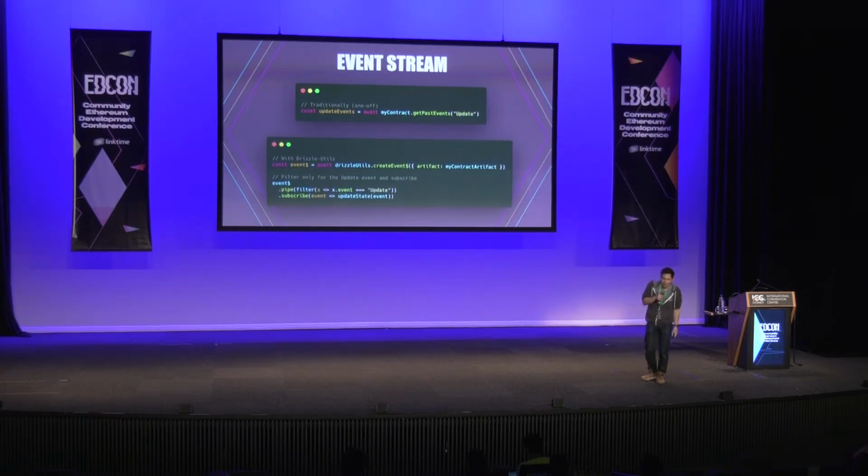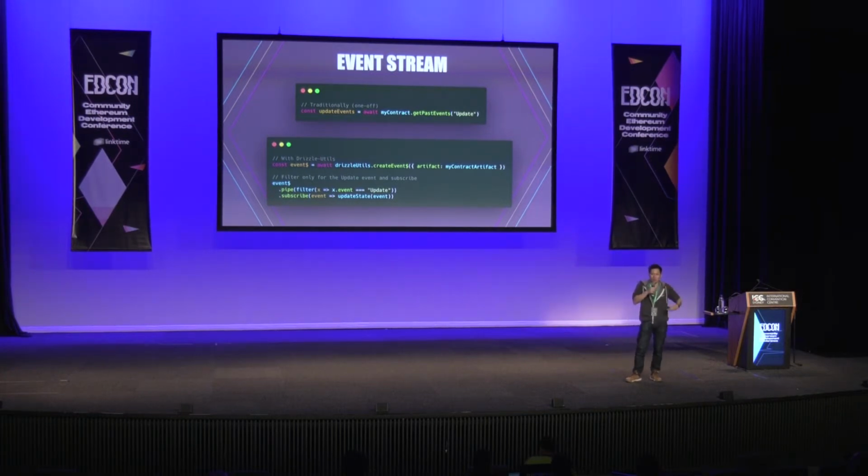Similarly, for event stream, like I said before, this is how you do it in the current Web3.js method. But with Drizzle utils, you call Drizzle utils.create event stream, pass in your Truffle contract artifact. We might support other things later on, and then you create the event stream. Here's the interesting thing about RxJS: you can map, filter, merge.